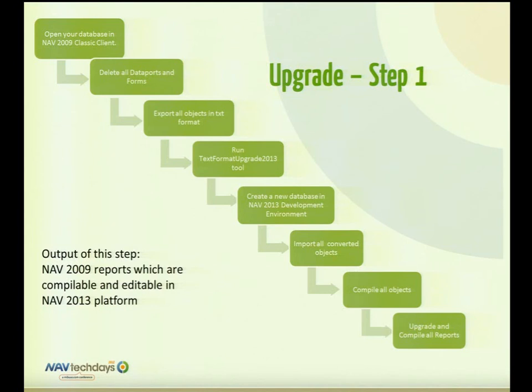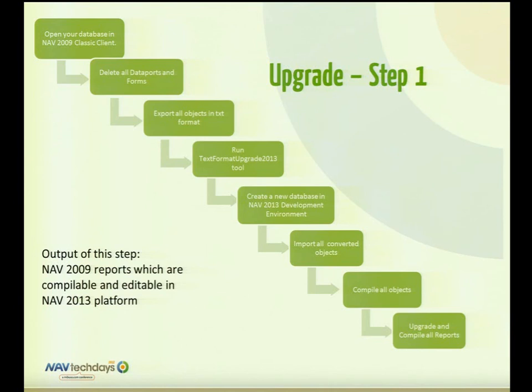So stage 1. What is the output of stage 1? The first step is to take NAV 2009 reports and move them to a stage where they are compilable on the 2013 platform. So you take your database and delete all your data ports and forms first. Then you export all the objects in text format.